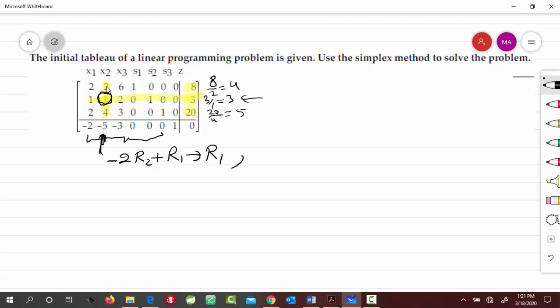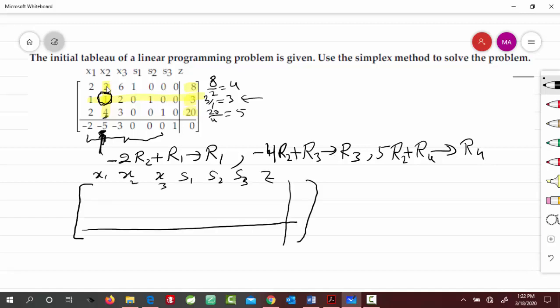Similarly, to make this 4 a 0, multiply the second row by -4. So 4 times row 2 plus row 3 is the new row 3. In the same way, to make this -5 a 0, multiply the second row by 5 and add it to the last row: 5 times row 2 plus row 4. These are our operations.